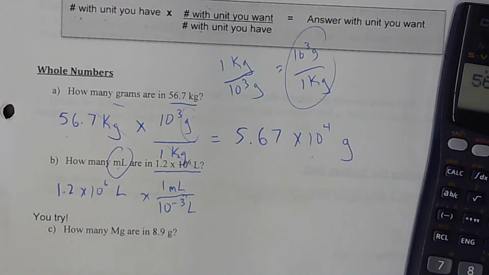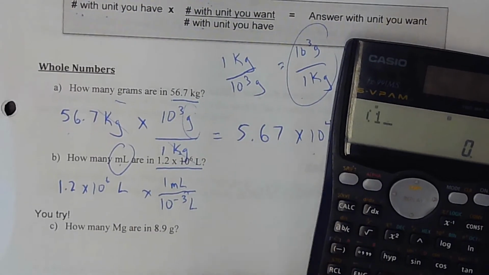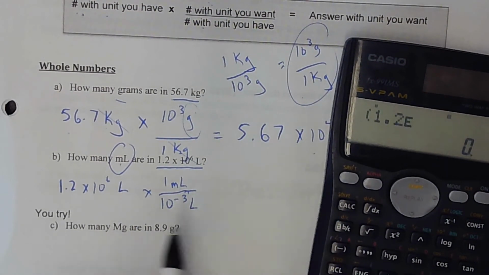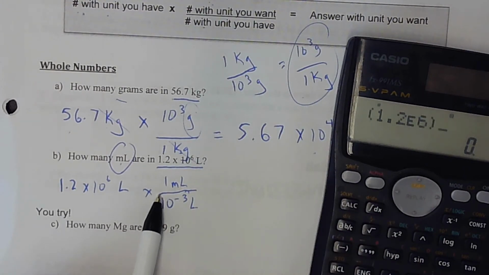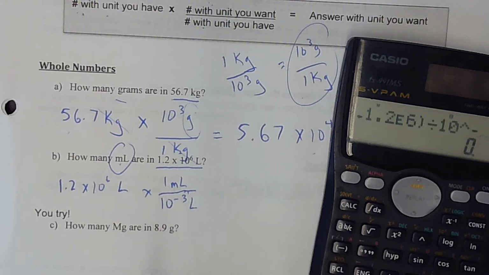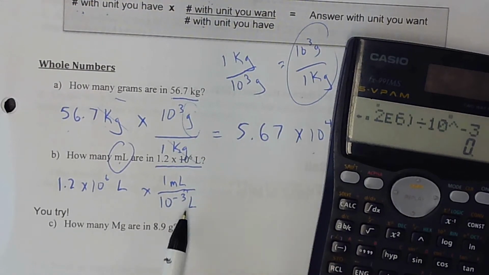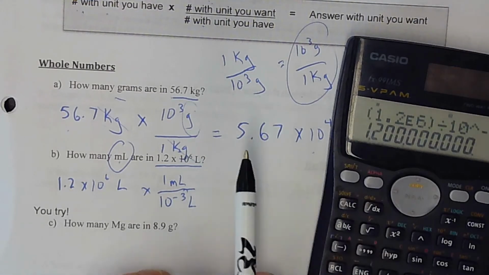All right, so now all we do, I'm going to put in brackets 1.2 times 10 to the 6. And then you're just going to divide by what's on the bottom, so we're going to divide by 10 to the power negative 3, enter. It's a big number.